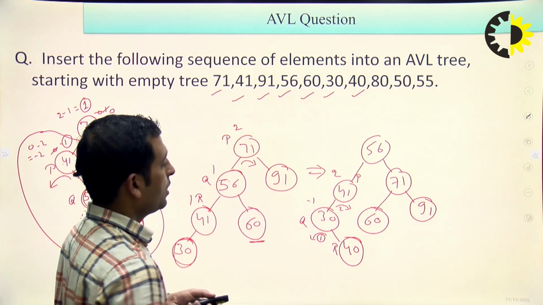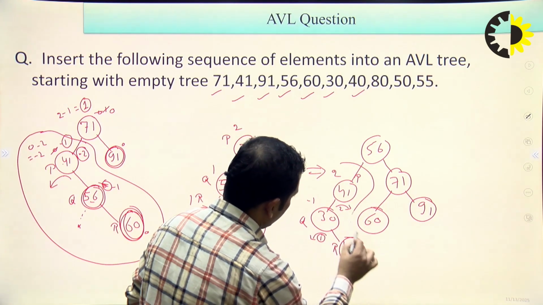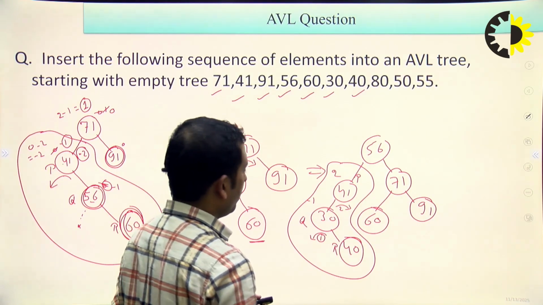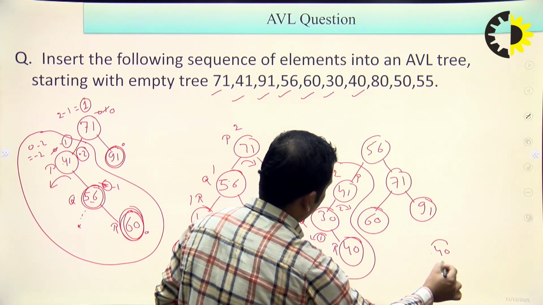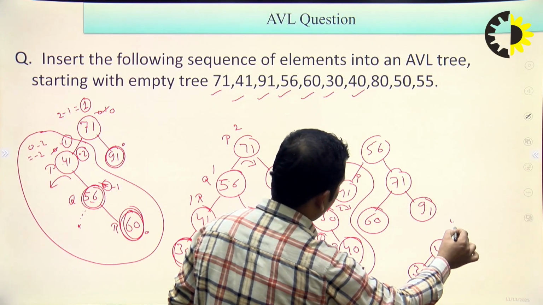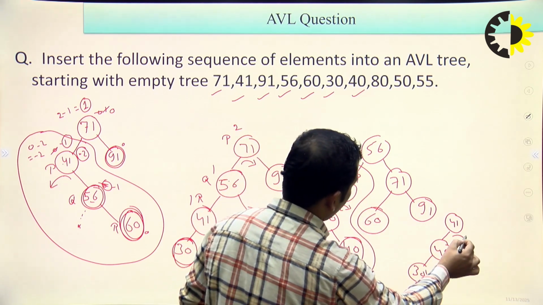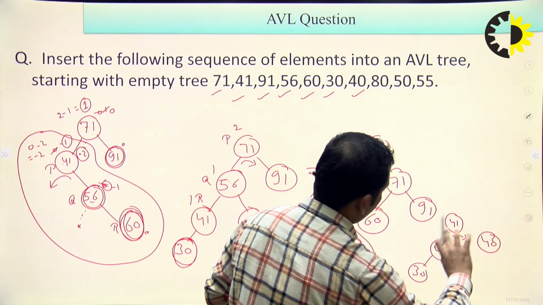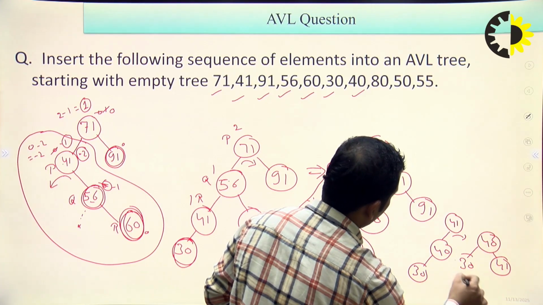So, only looking at this subtree, after rotation, what will we get? After the first rotation, we will get 40 upside, 30 here and 41 here. And then after the second rotation, 40 is upside, 41 is on the right side and 30 is on the left side.